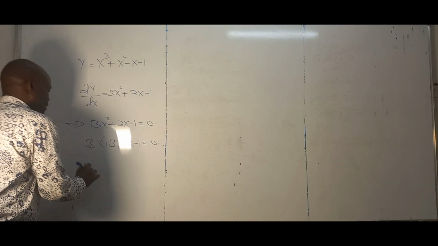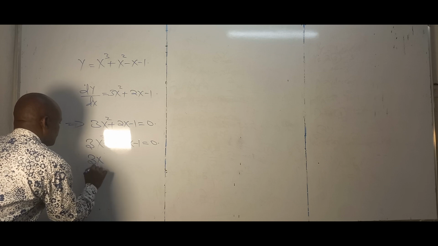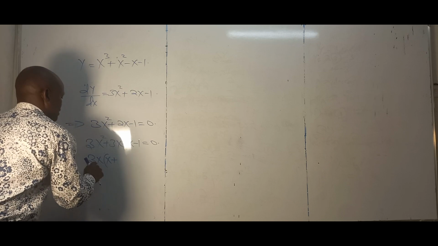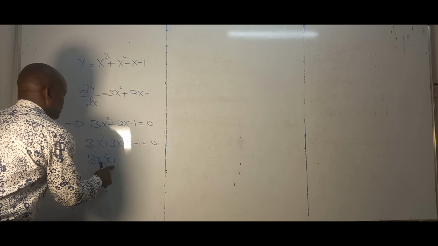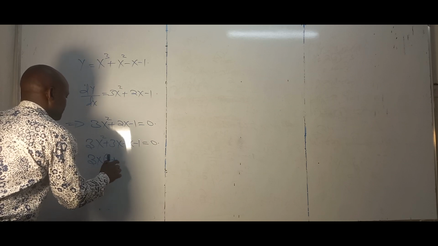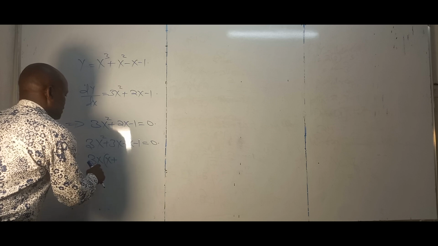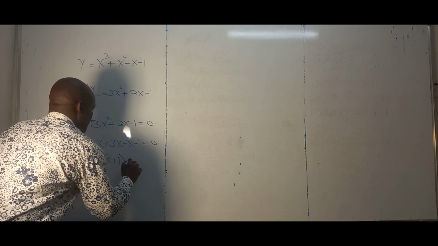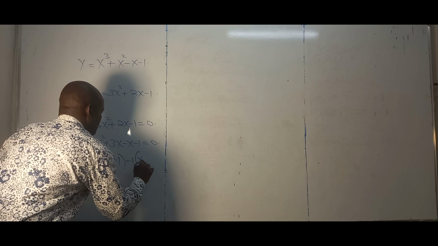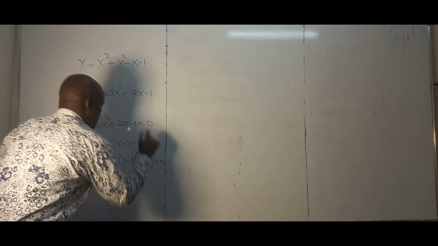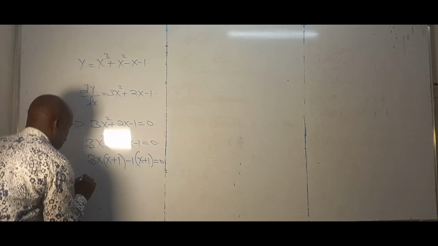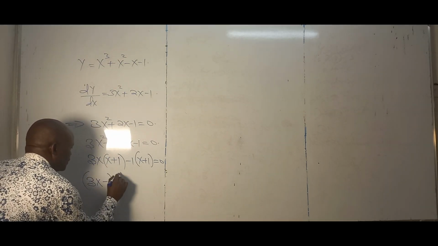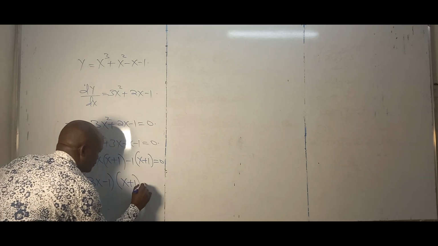Then I factorize 3x, so that I have 3x minus 1, bracket x plus 1, is equal to 0.